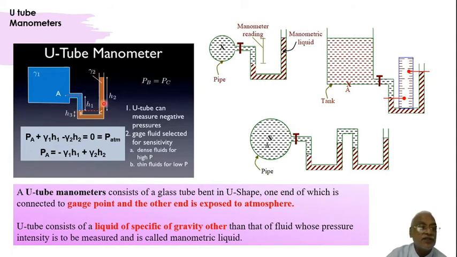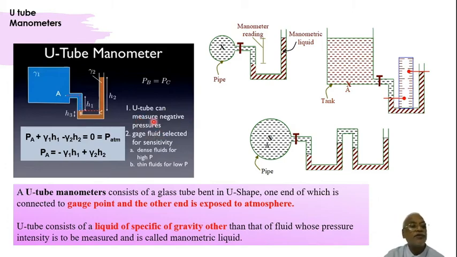This is a static liquid, and in the same liquid medium in a horizontal plane, the pressure remains the same. That is what the first slide statement says. Right, if we move horizontally in the same liquid medium, the pressure remains the same. That is why PB equals PC.